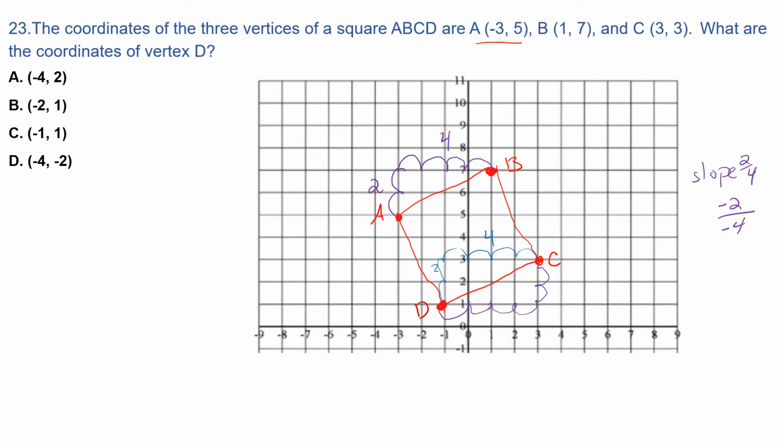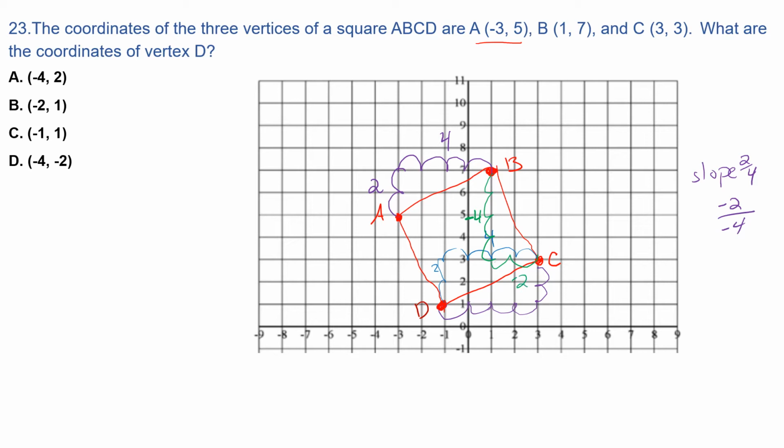If you wanted to check the BC, it should be perpendicular, meaning the slope should be the opposite reciprocal. So it should actually be 4 over 2 negative. So let's check that as well. So we should count down 1, 2, 3, 4. So my rise would be negative 4, and then I will count over 1, 2.